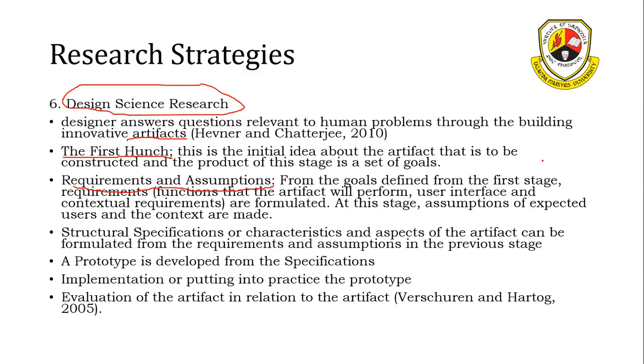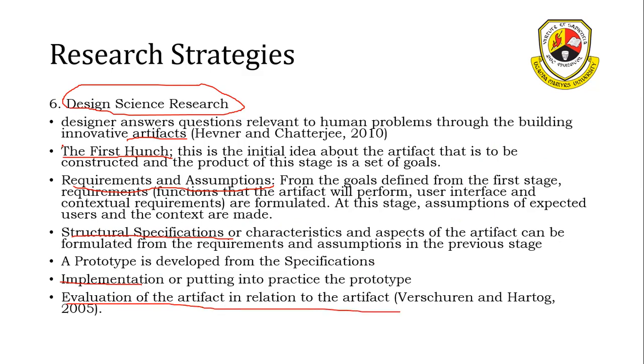Where will it be implemented? Then the next one is structure and specifications as formulated on the requirements. Then a prototype is developed, then it is implemented. Then at the end, it is evaluated.